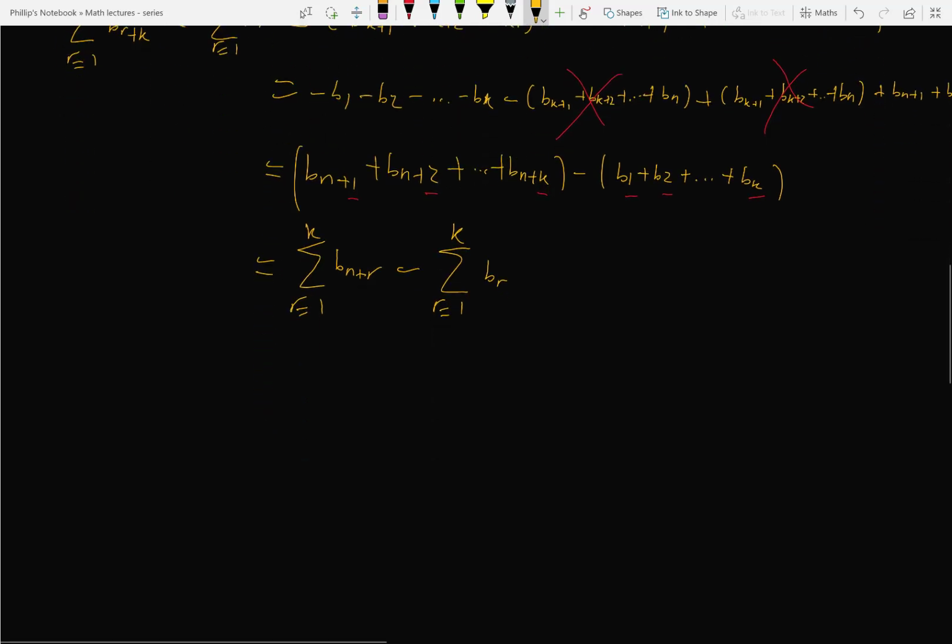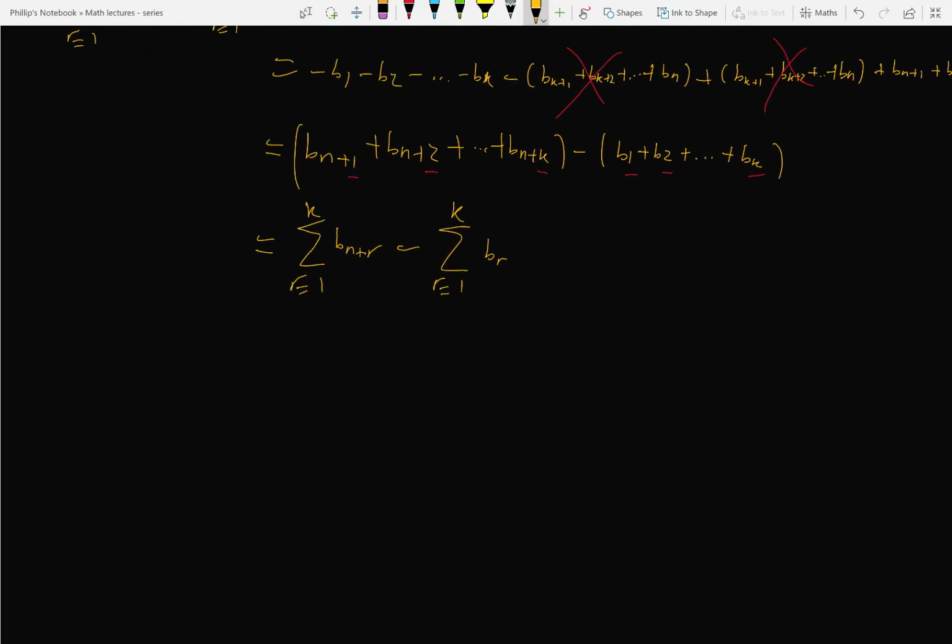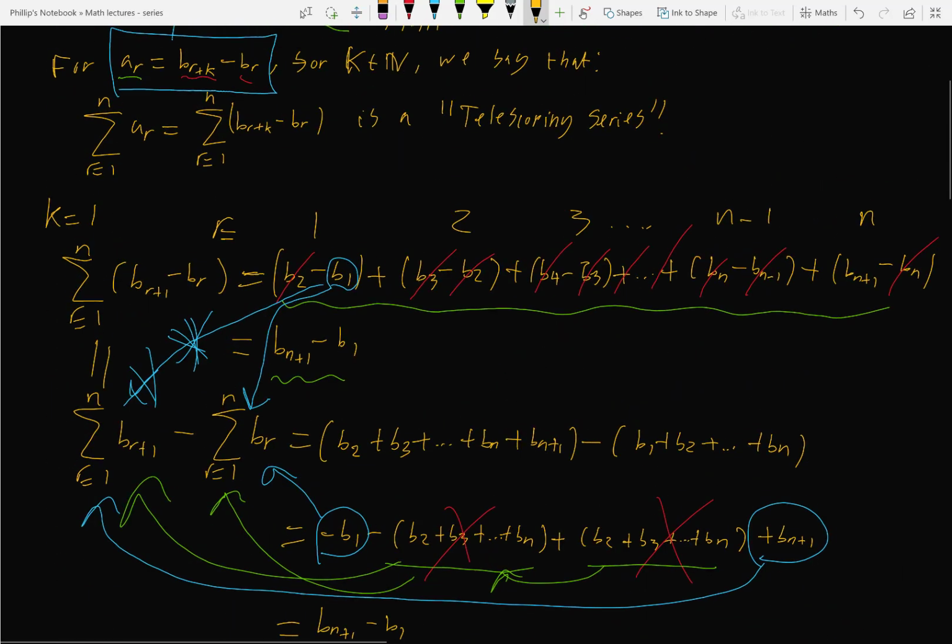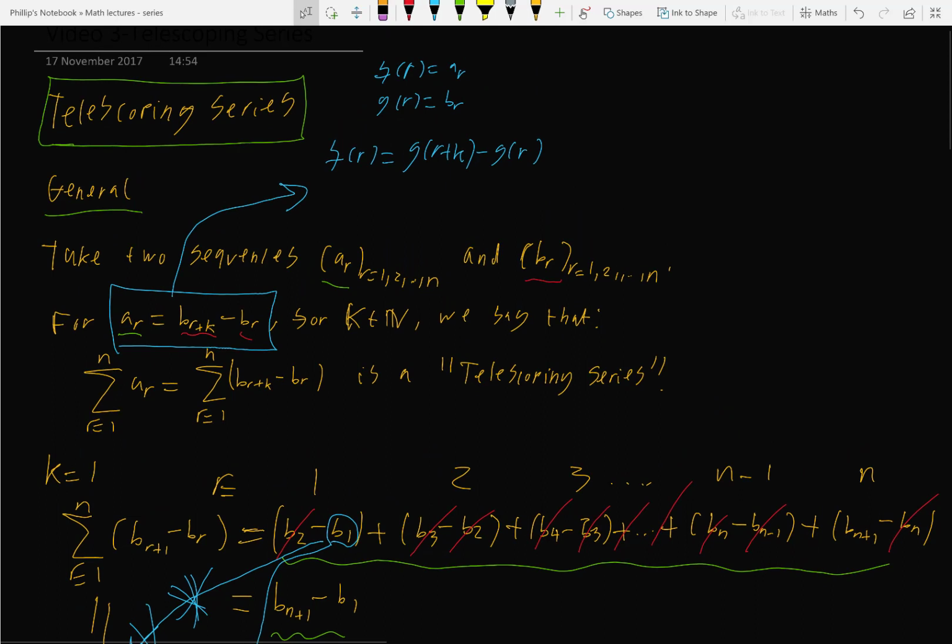So essentially, we've defined a telescoping series above, which was like so. That is a telescoping series.